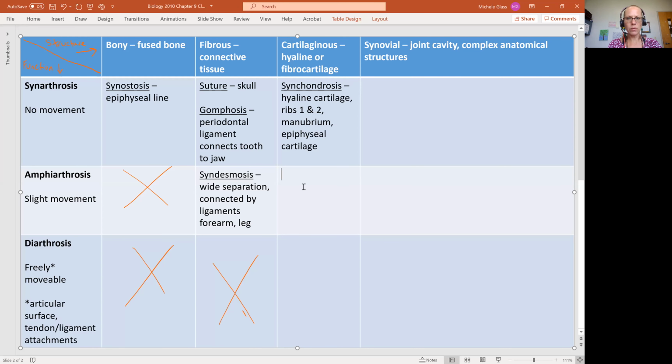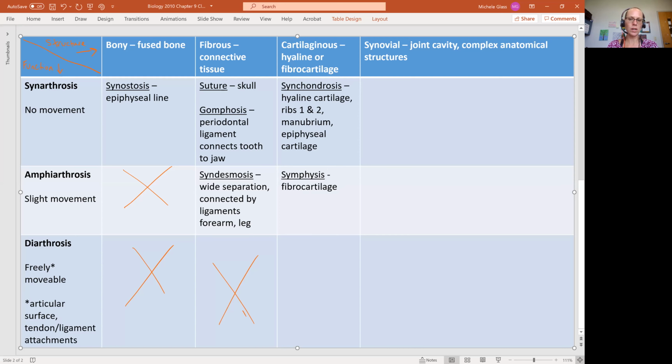The last of our cartilaginous joints is going to also be classified as Amphiarthrosis. So we have a symphysis joint, and the symphysis joint is going to involve fibrocartilage.